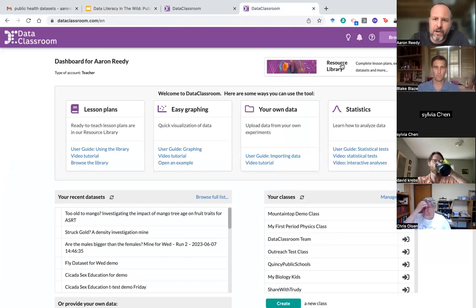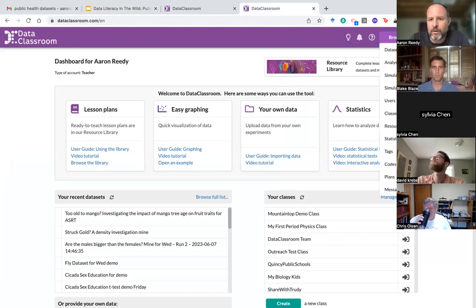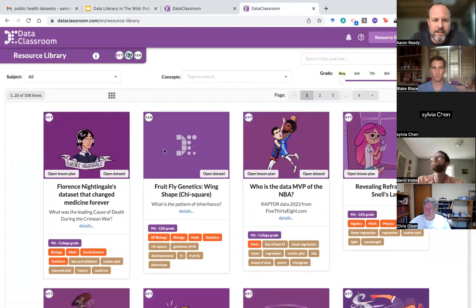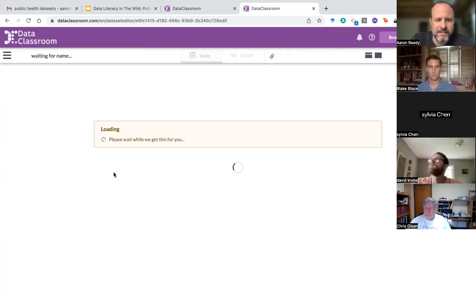If you're following along, you can go to the resource library either from this big button on the dashboard or up in here, and I think Blake is probably giving you a direct link in the chat. I just did a slight update to this data set, so it will be in the upper left position, but you can search for it in the free text search in the upper right. If you put Florence in, it will pop up. I'm going to open the data set here.